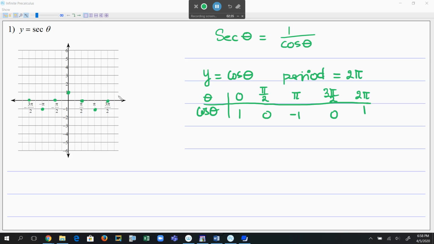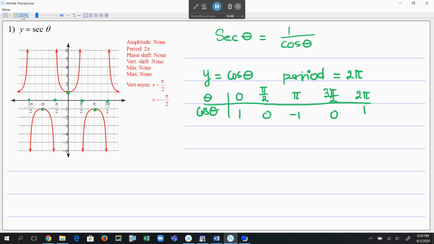So the next step, now we want to graph the secant function. I'm going to go ahead and just show you the graph. You can see right here the vertical asymptote.